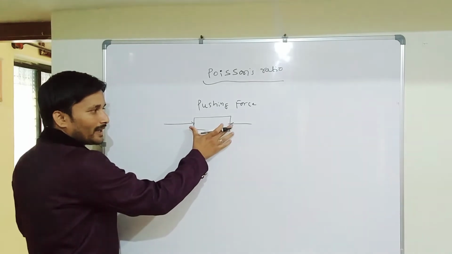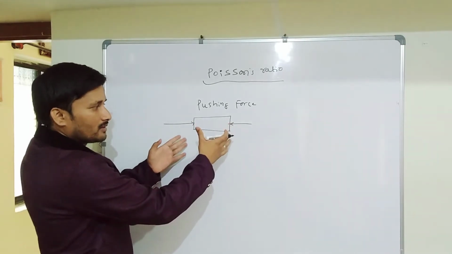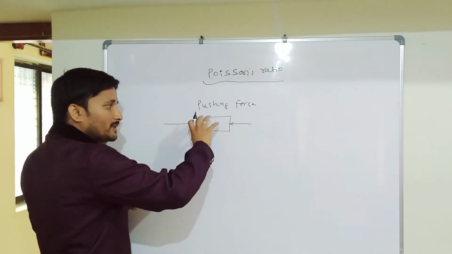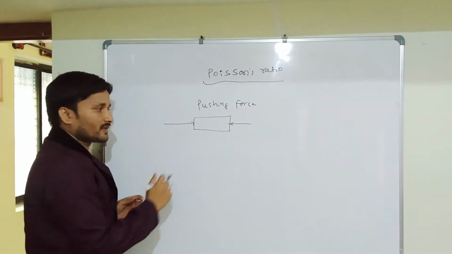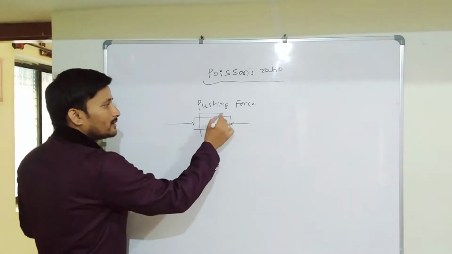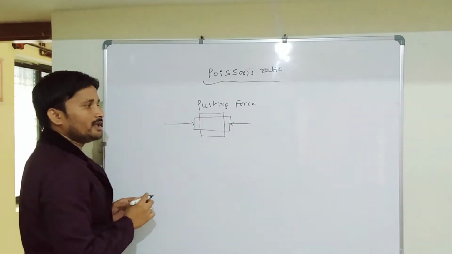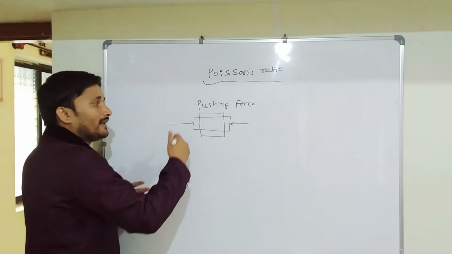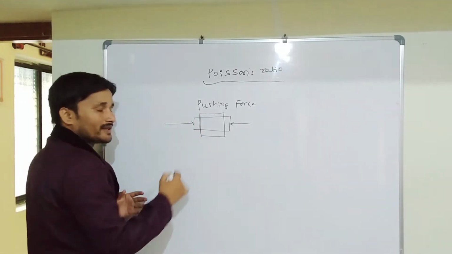When you apply a pushing force to a substance within elastic limit, you can see that there will be a change in its dimension. It will get like this. That means the length of the body is going to decrease, as well as another part, that is the diameter, is going to increase.